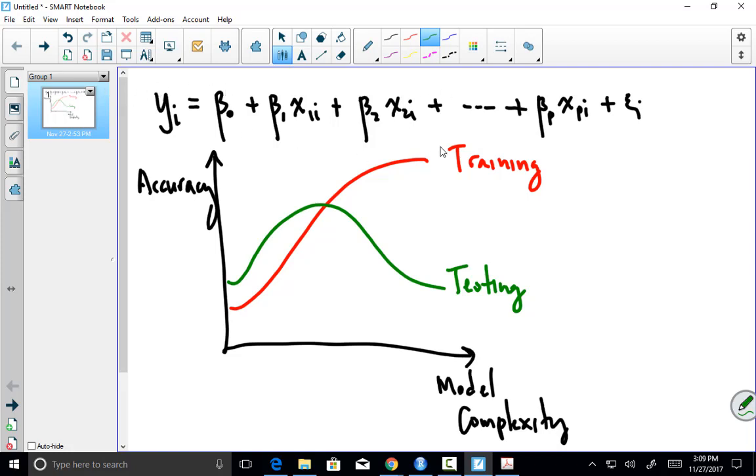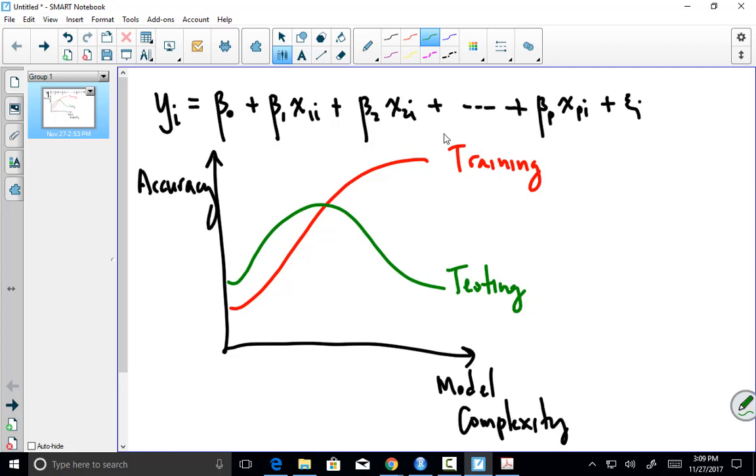So, for today's purposes, we're going to look at the chapter called Moving Beyond Linearity, and I'm motivating it with this regression model. So, a simple linear regression model can be made more complex by allowing for nonlinear relationships.